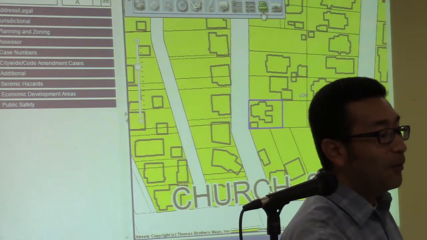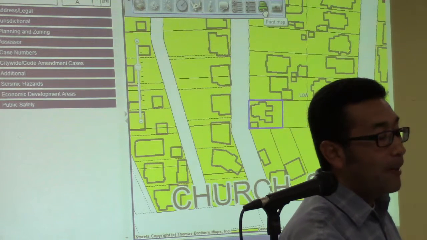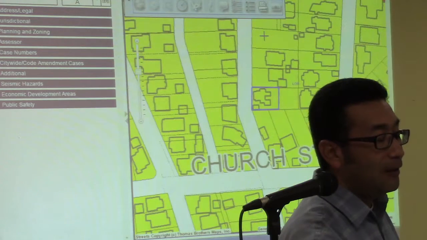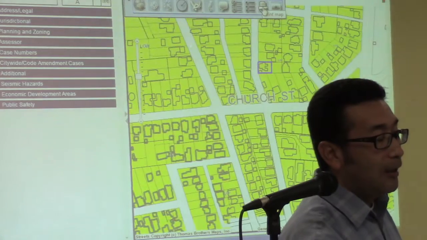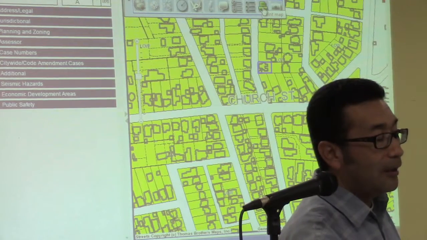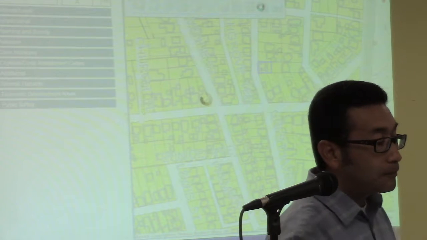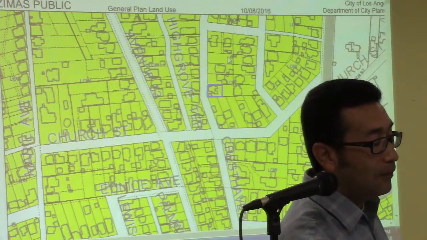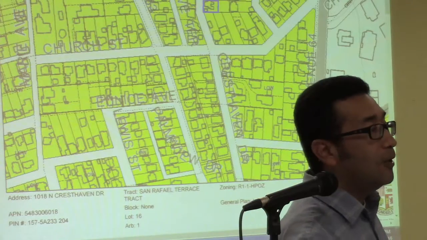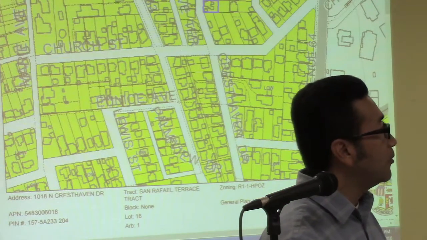The last part, I just want to say, it's very simple to use too. You can print whatever you see in the map area using these 2 tools. This printer icon, once you click it, will create a PDF picture of a snapshot of that area that you're looking at. You can include it in whatever project you're working on.